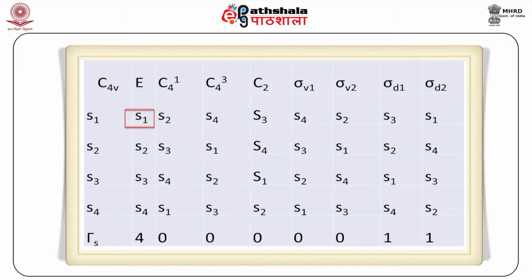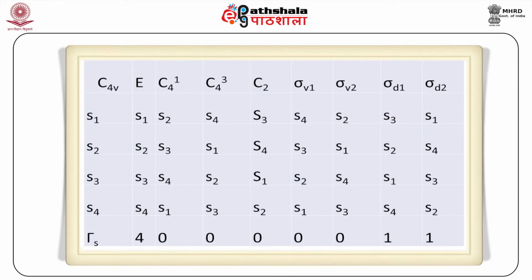Under E, S1 remains S1, C41 it goes to S2, C43 it goes to S4, C2 it goes to S3, sigma V1 it goes to S4, sigma V2 it goes to S2, sigma D1 it goes to S3, and sigma D2 it goes to S1.